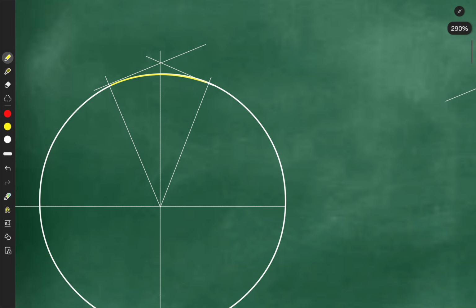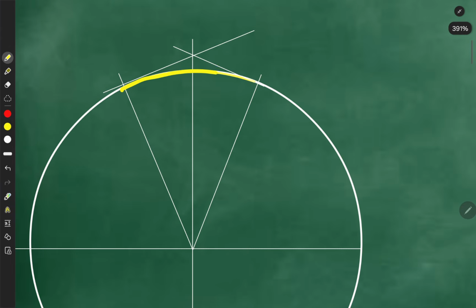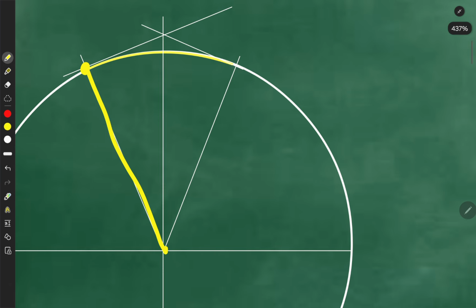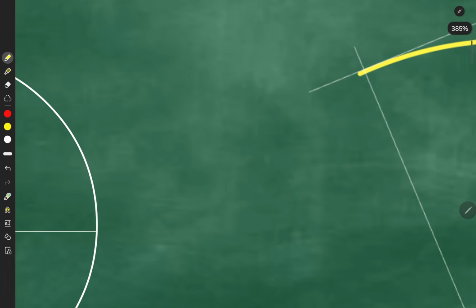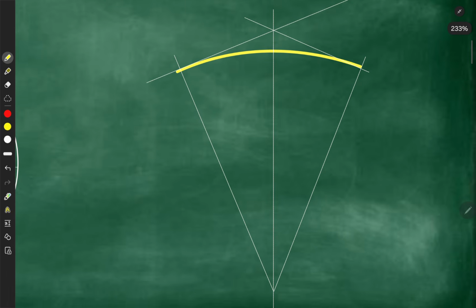So let's say, for example, this is our circle, and again, if this is our simple curve, this is just part of a circle. So from this point to this point, this is what we call the radius of a circle. Also, this one, radius of a circle. So if we are going to isolate this, it will become like this. Okay? So this is now our simple curve.